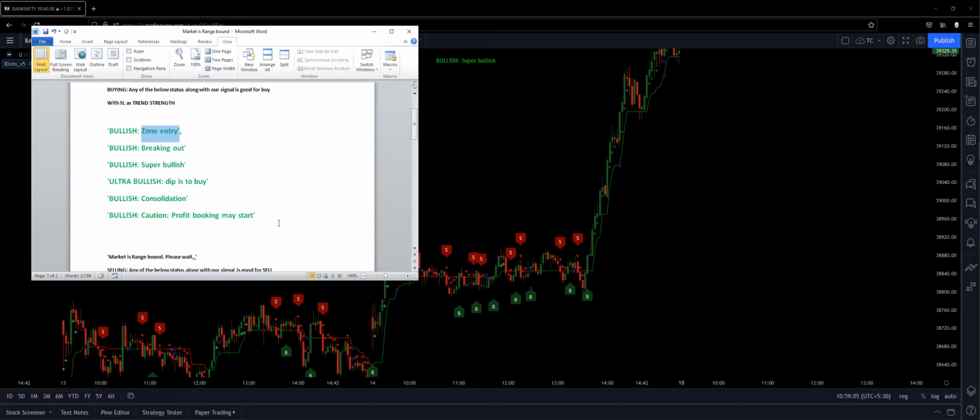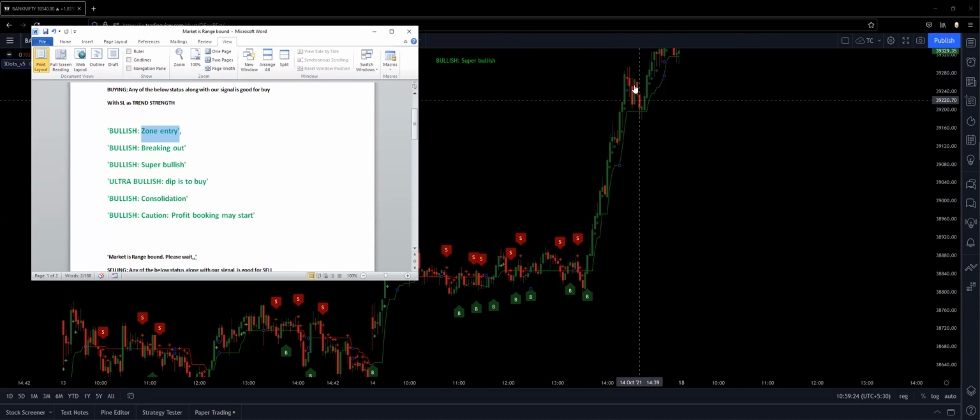And sometimes you will start seeing price closing below our trend strength. Trend strength is our absolute indicator to help you ride the trend, as well as to be cautious when the trend will get reversed, right?